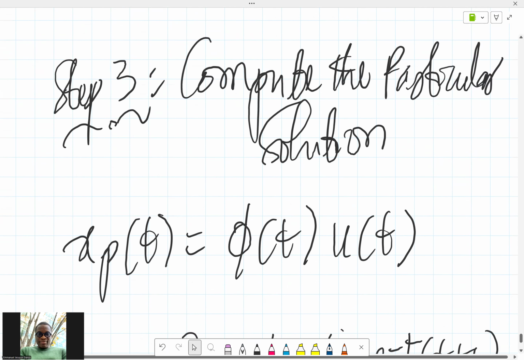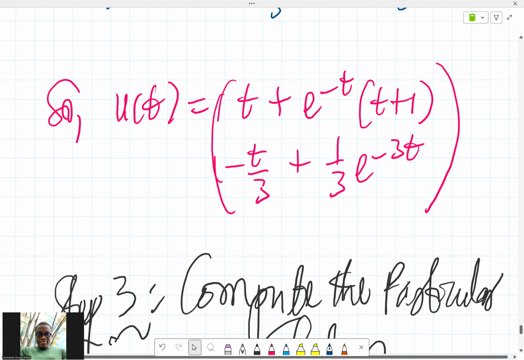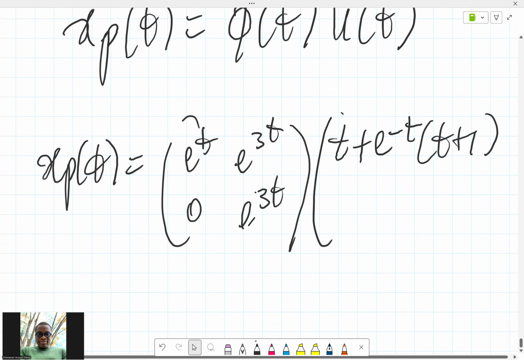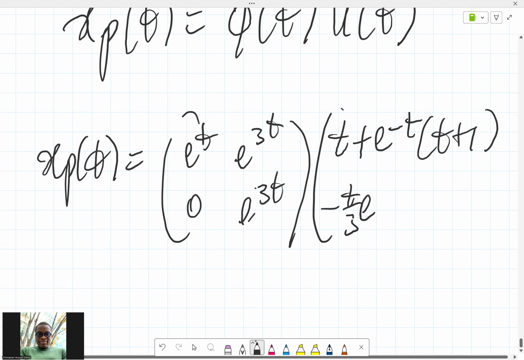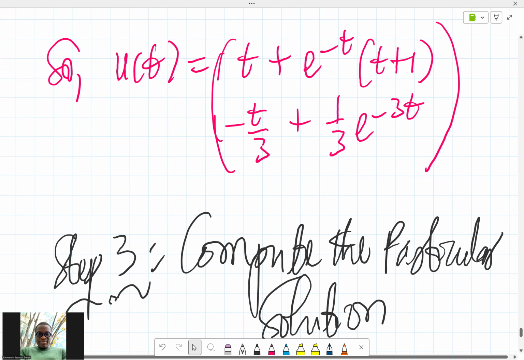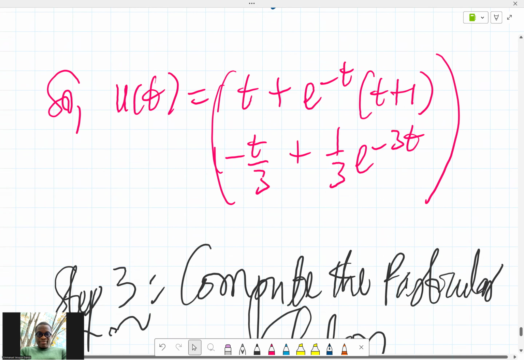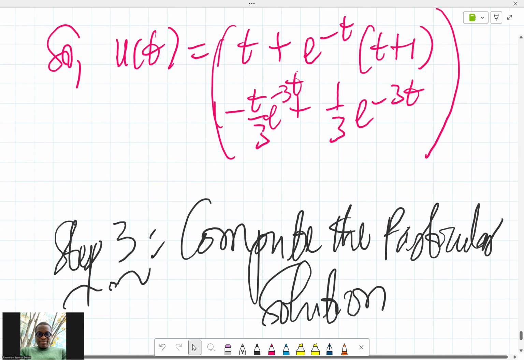Then down here, we have minus t over 3 e raised to power minus 3t. You can even factorize, right? E raised to power minus 3t is common.